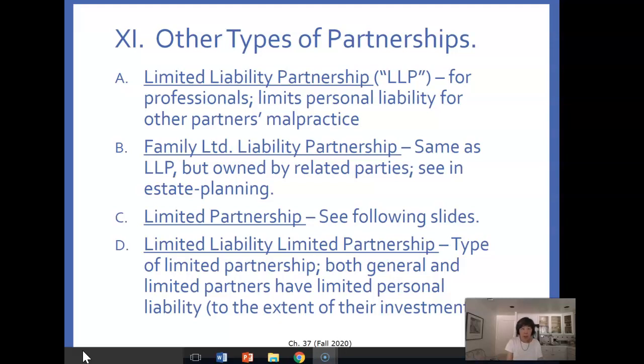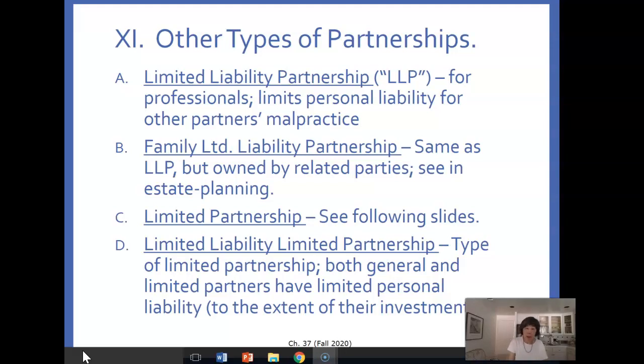We'll come back to letter C, limited partnerships, on the following slides, and let me go through letter D, the limited liability limited partnership. It can be referred to as an LLLP, triple LP. It's a type of limited partnership, hence the word limited is in front of partnership there.